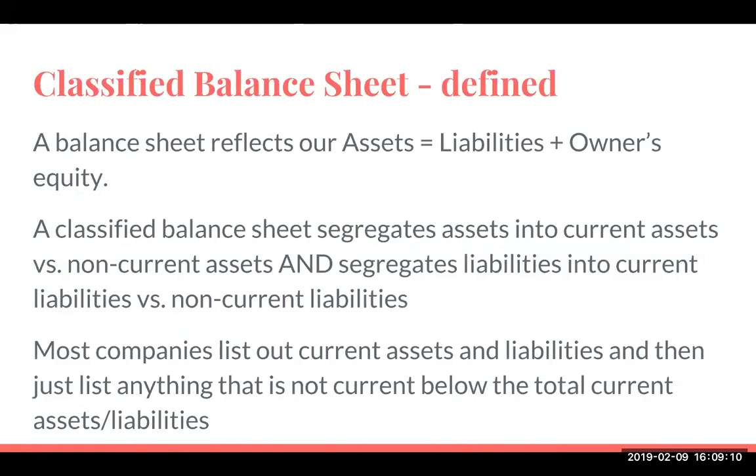And what I'm going to be doing differently with a classified balance sheet is segregating assets into current assets versus non-current, and liabilities into current liabilities versus non-current liabilities. And what most companies do, and I'll show you this in a moment, is they just list out the current assets and the current liabilities, and then they just dump everything else below.